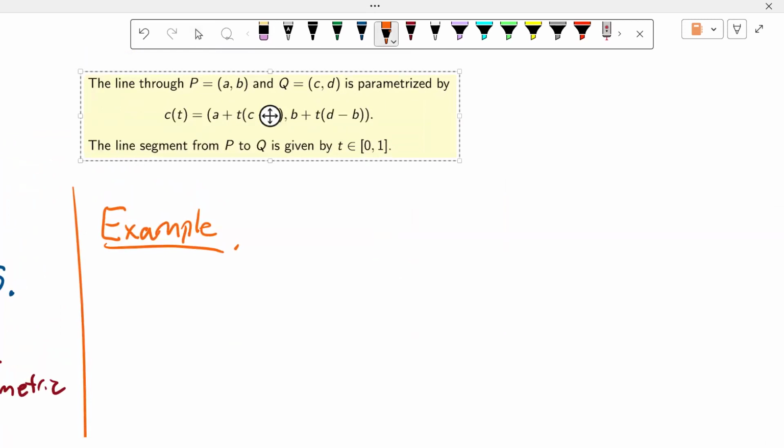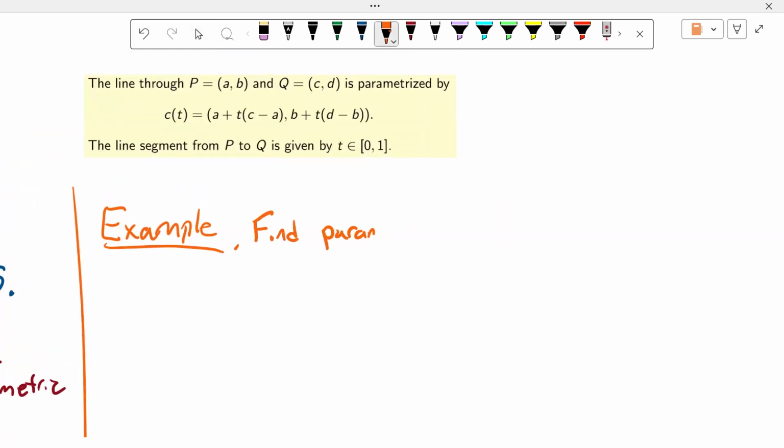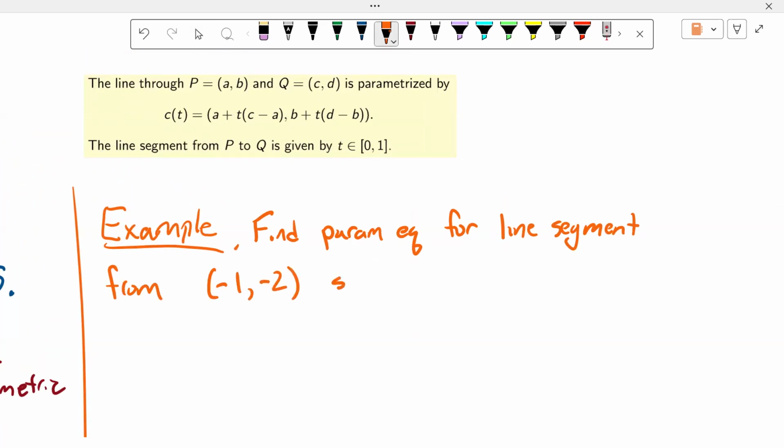Okay. Let's say we're asked to find a parametric equation for the line segment from, let's say, (-1, -2) to (2, 4).